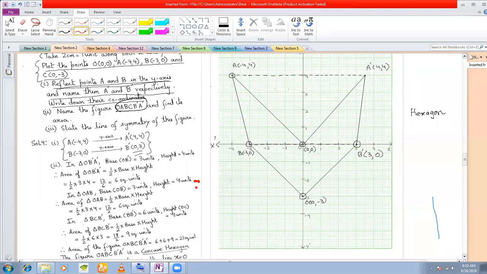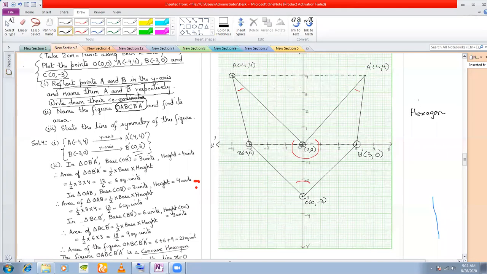So if you see all the angles in this hexagon, this angle is less than 180, this angle is also less than 180. But what about this angle? This is greater than 180, isn't it? So one of the angles of this hexagon is greater than 180.